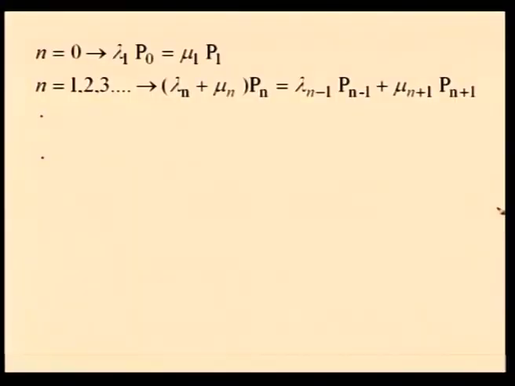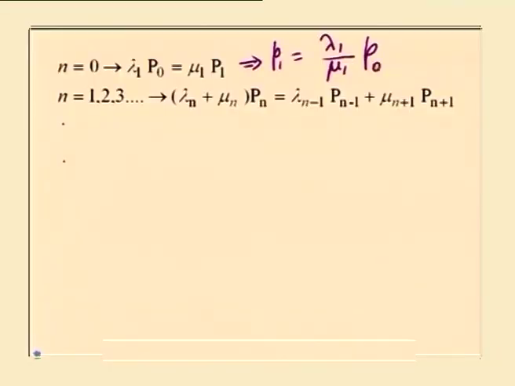So, we have these two equations. For n equal to 0, lambda naught p naught is equal to mu 1 into p 1. So, this will imply that p 1 is equal to lambda naught by mu 1 into p naught. So, we are going to use this expression for p 1 in the other expression and get it recursively.